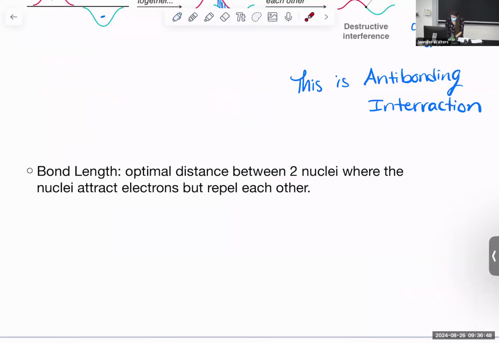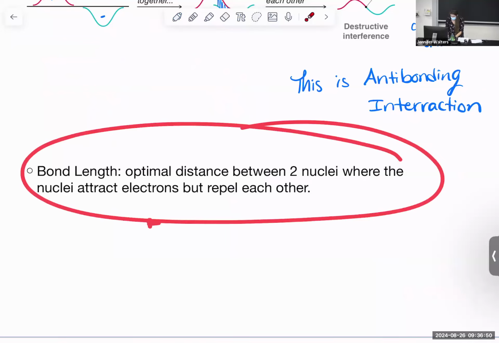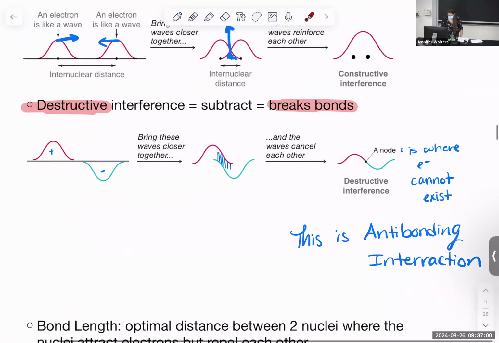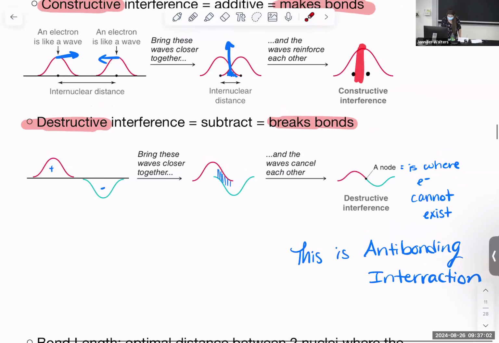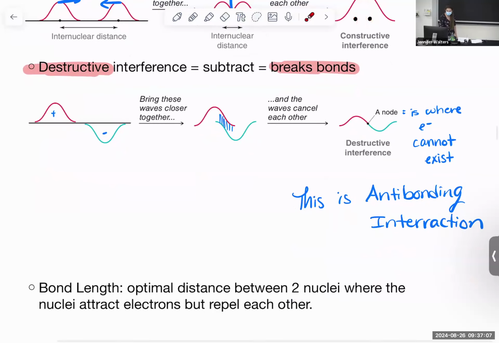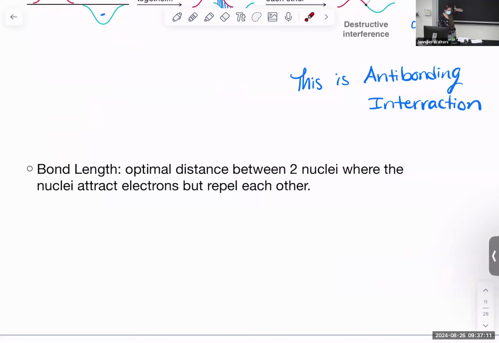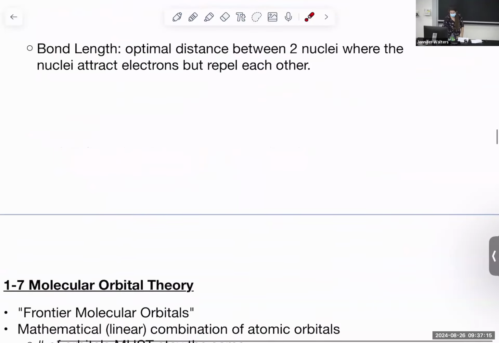The thing to keep in mind when we're making these bonds is that this is going to be the optimal distance between the two nuclei, where they're attracting the electrons but repelling each other. You get this attraction to the electron density between the nuclei, where the dots are the nuclei, the positively charged core. Your electrons are going to predominantly exist between the two when they are shared. So that's our bond lengths.